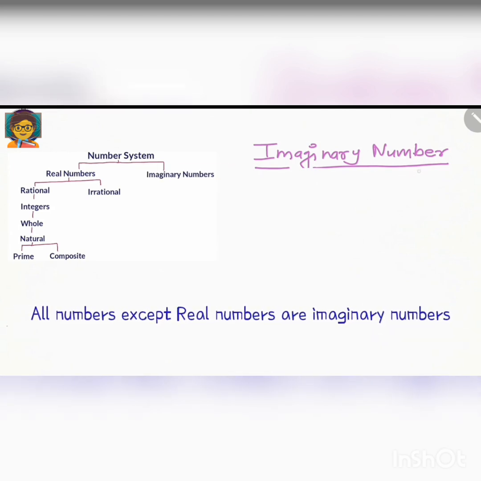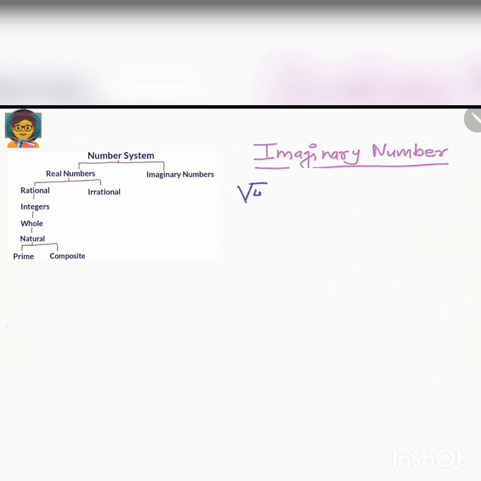Let's take some examples to understand the concept of imaginary numbers. If I ask you what is the value of square root of 4, you'll give me the answer as plus or minus 2, because 2 into 2 is 4 and minus 2 into minus 2 is also 4. However, what is the value of square root of minus 4? Let's assume the value is x. Square both sides, we get minus 4 is equal to x square.